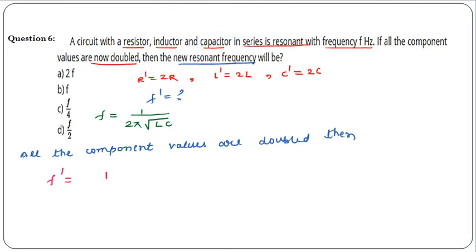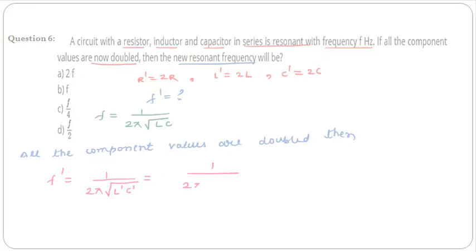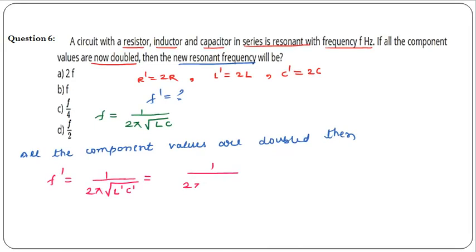So f dash will be equal to 1 by 2 pi square root of new inductance and new capacitance. Here the resonating frequency has no relation with resistance. So this is given by 1 by 2 pi into square root of, L dash equal to 2 into L because it is getting doubled, and C dash equal to 2C.